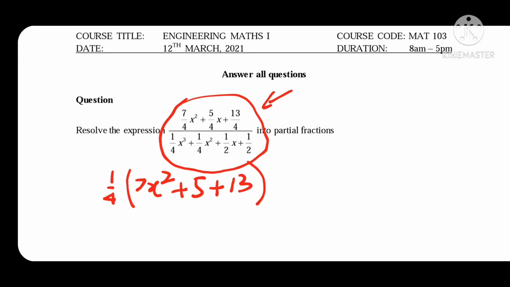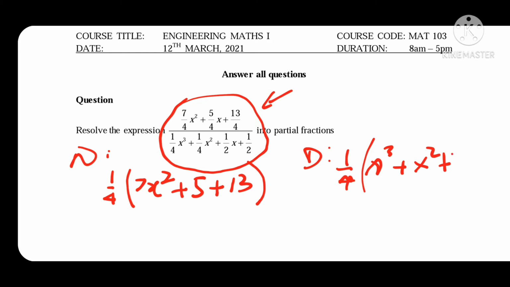Then for the denominator we have 1 on 4 bracket open x cubed plus x squared plus x, sorry, here should be 2x, plus 2x plus 2.